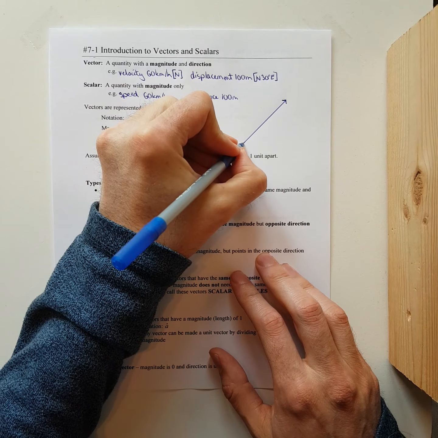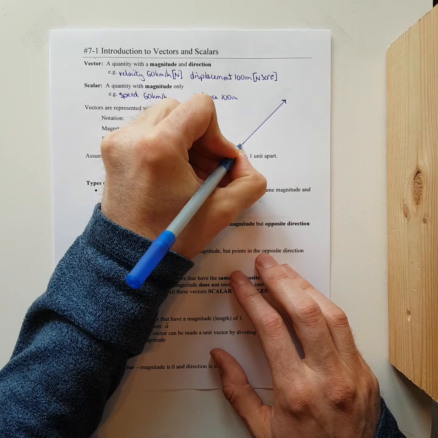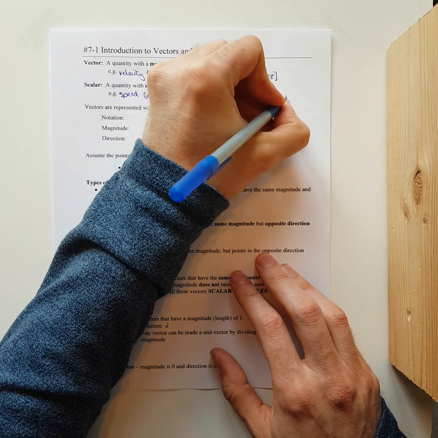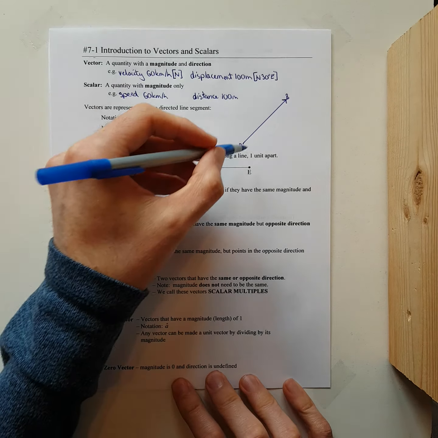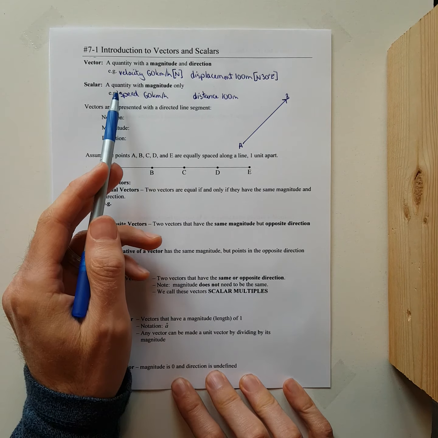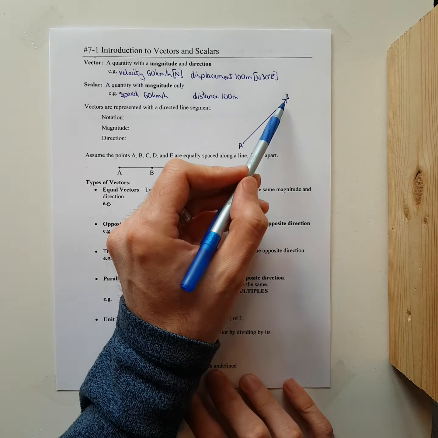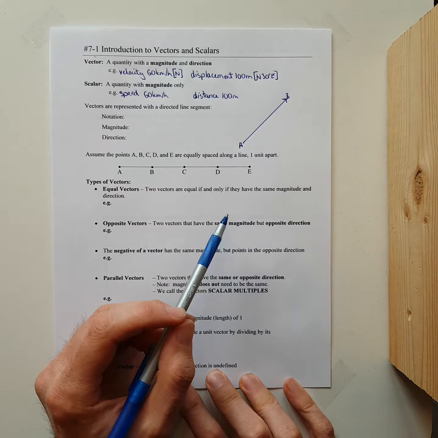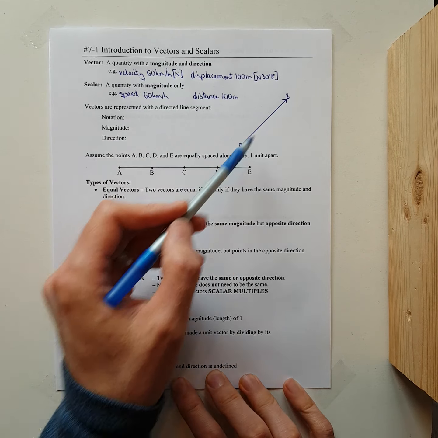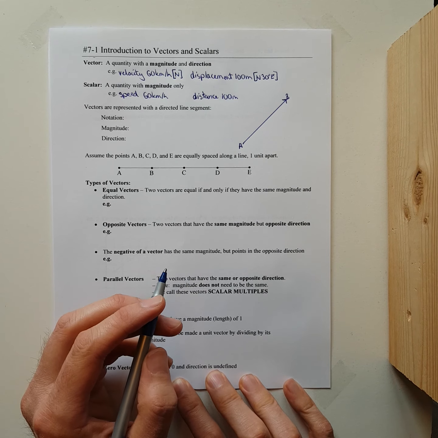Like we've done before with a line segment, we can put points A and B on the ends. If it was just points A and B, we would have a scalar, but because I've added this arrow indicating that we are going from A to B, we've added in that direction piece, so we would now call this a vector.